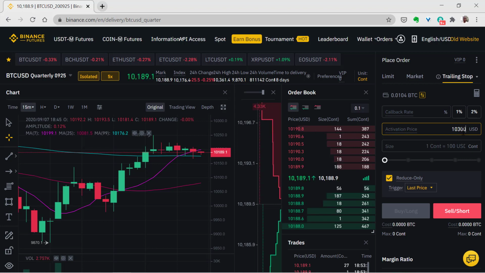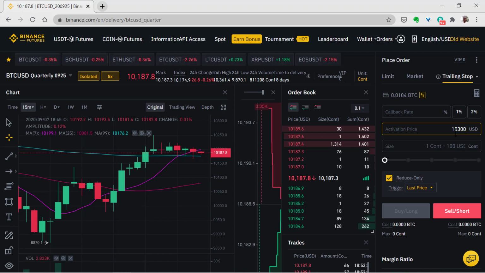So what this would mean is that when Bitcoin trades through this price, if we are correct on our prediction, this order is triggered, and from that point on, if the price continues to go up, let's say it goes up to that 10,500, our target, this trailing stop doesn't execute.